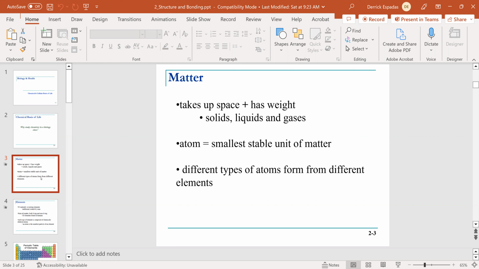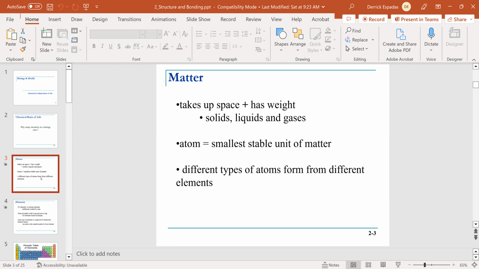Then there's an atom, and the atom is the smallest stable unit of matter, and that's important. You'll notice in some of the videos where they talk about how our concept of an atom is wrong, and how there are smaller components of an atom, but these are the stable forms. There are going to be different models we look at because there are different understandings of what an atom is, and it's still developing.